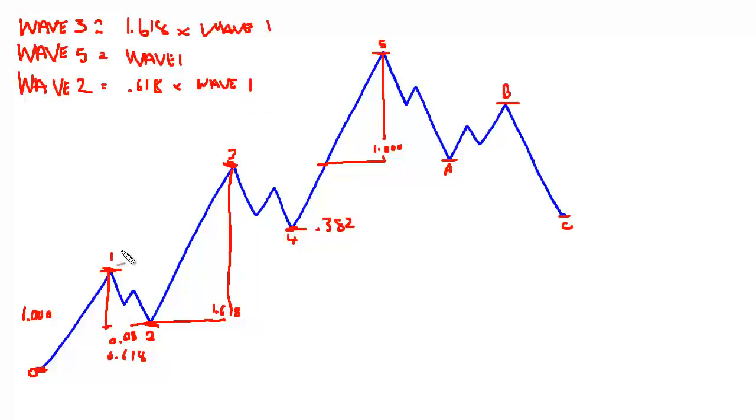So basically we need to calculate the distance from here to there, so that if that was 100 pips, we want to find the wave 2 point projection, and we calculate 61.8% into whatever this move is, so that will be 61.8 pips. So by rights this should come down by 61.8 pips, and that will form wave 2.